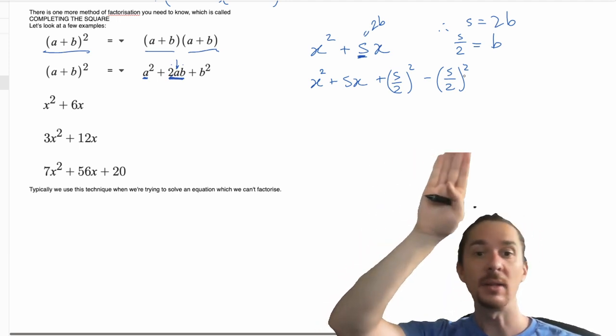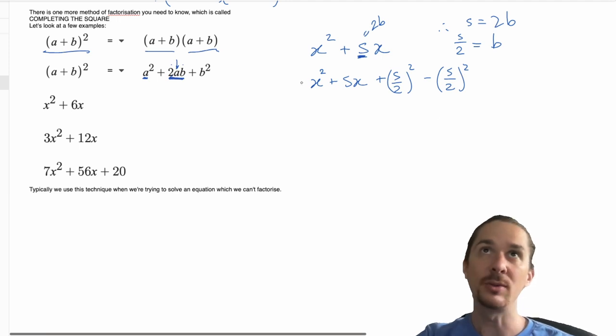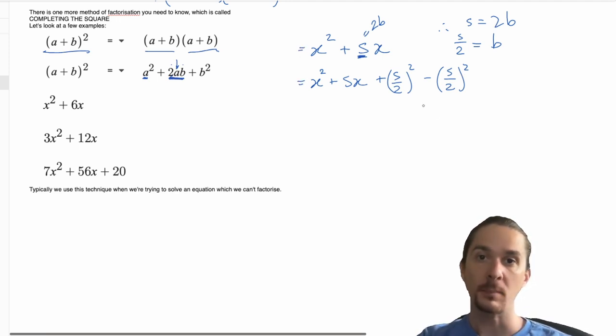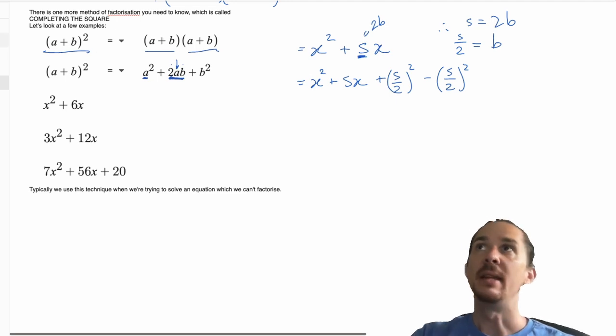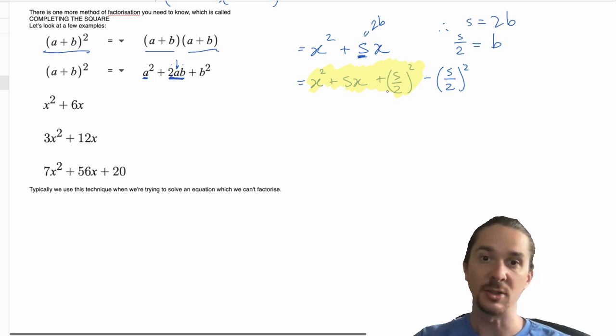We added something and we subtracted it away. So this line is exactly equal to the line above it, but it looks different. The reason is now we have this part where the middle term is double something. It's double s over 2, and the last term is that thing squared, right?